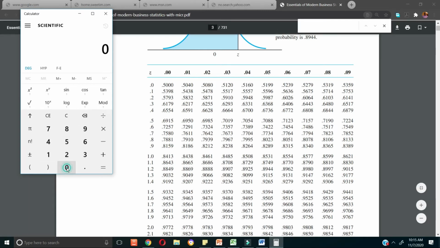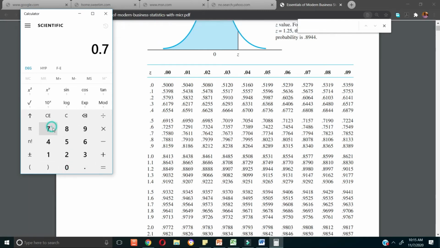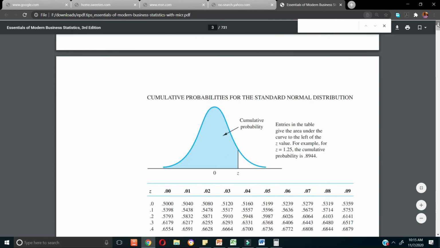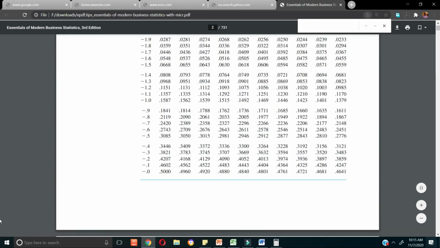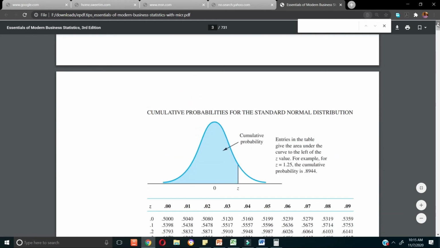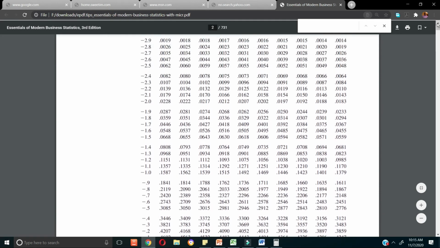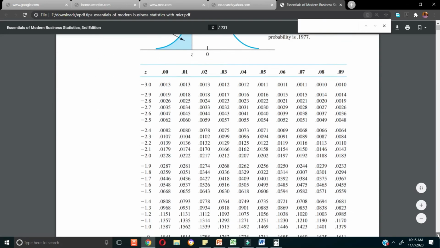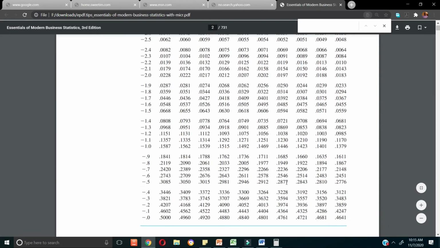So 0.7517 is the cumulative probability, and we're going to subtract the cumulative probability at minus 0.68, which is 0.2483.